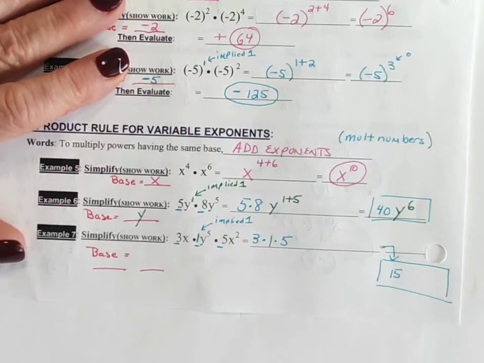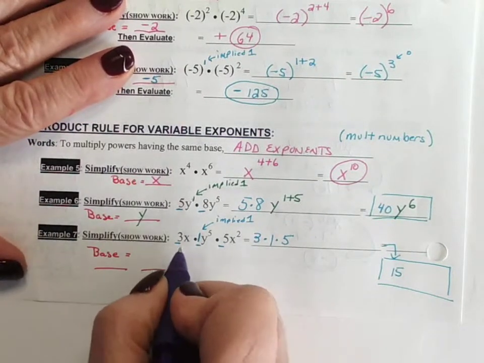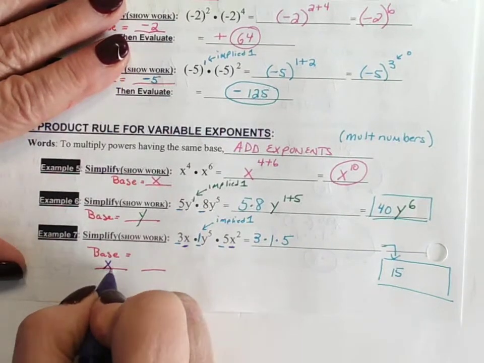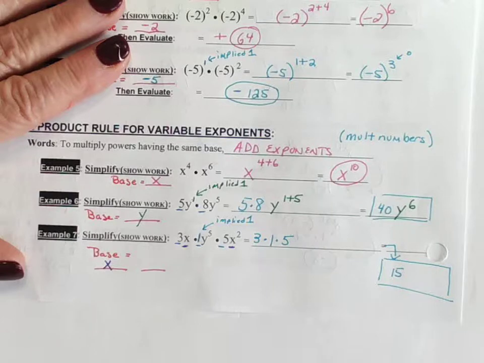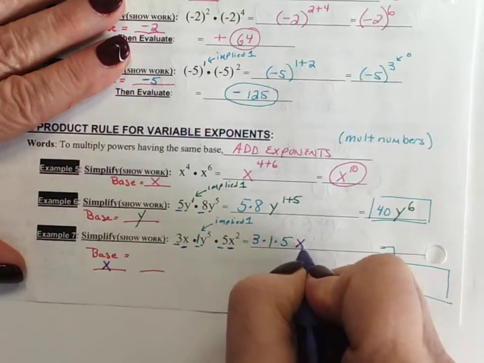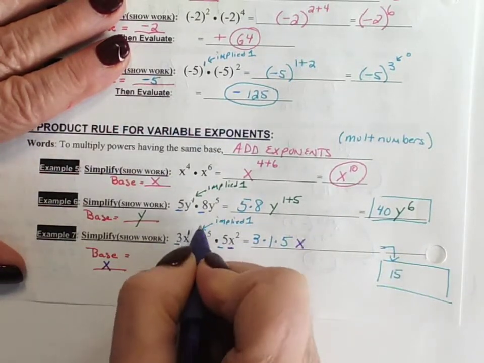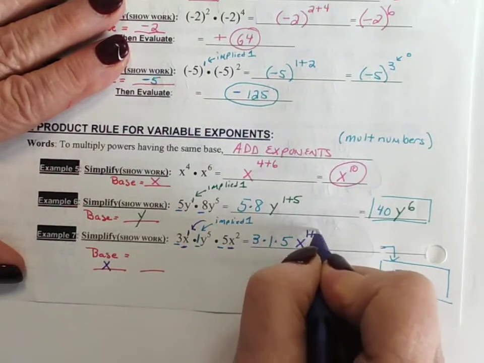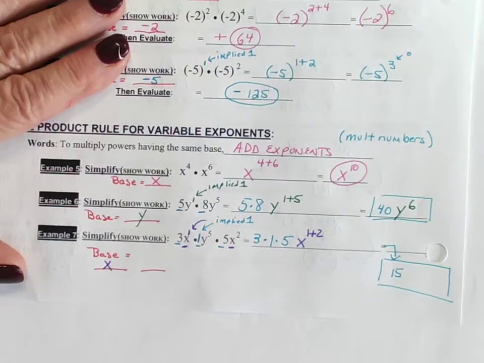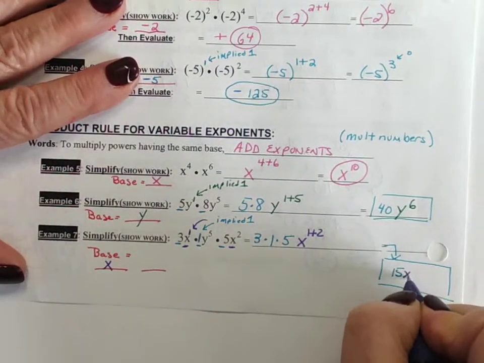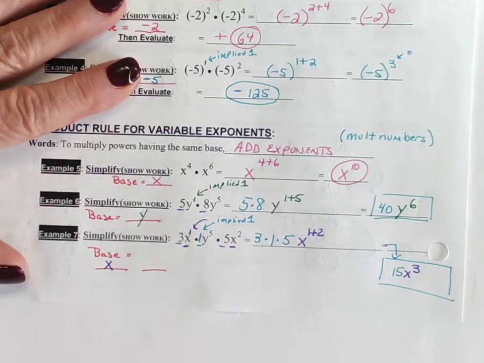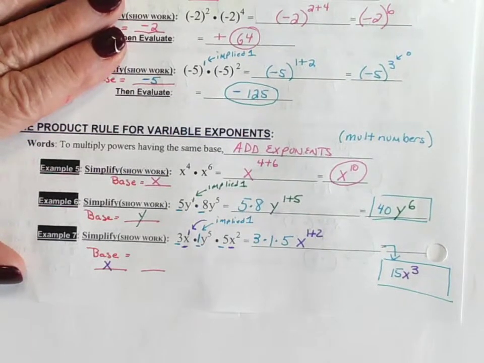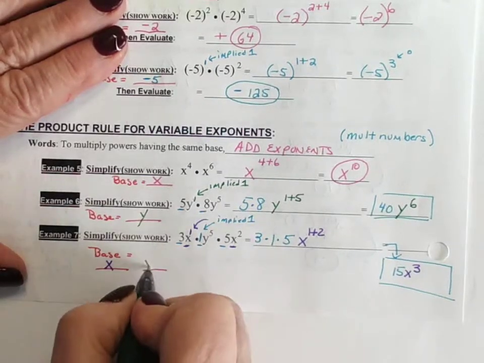Now in this case, we have x's. So our first base is x. There's an implied 1 here. 1 plus 2. So that is x to the third. But we have another variable, we have y.